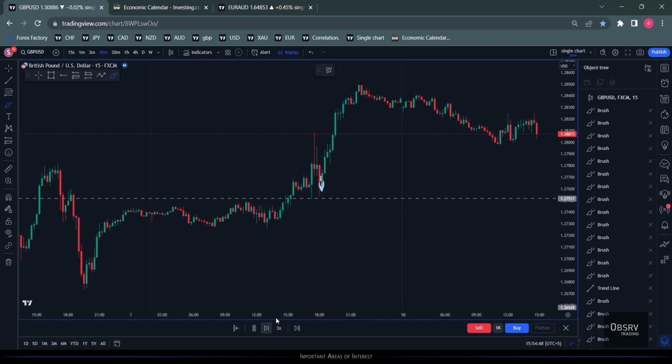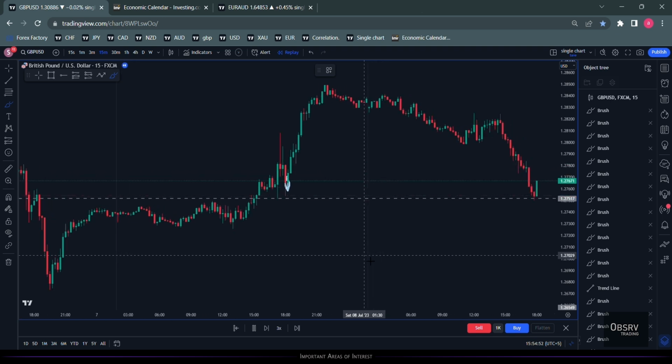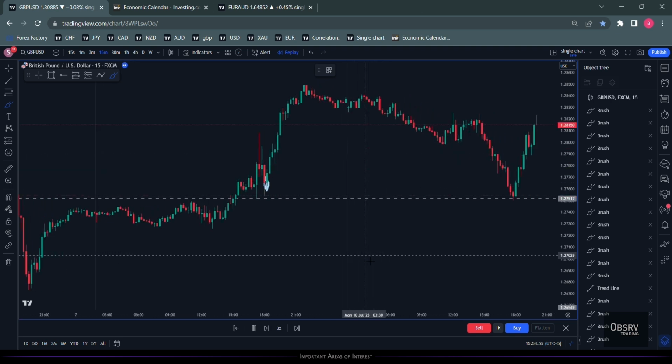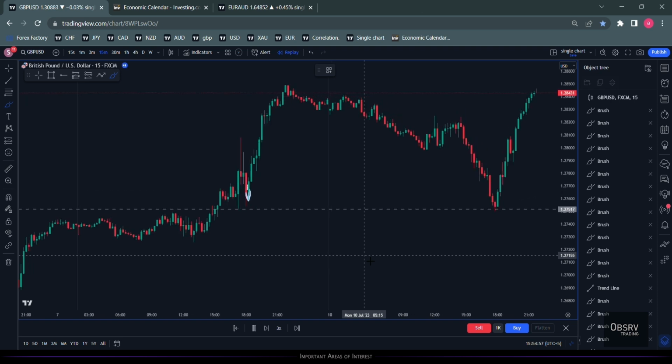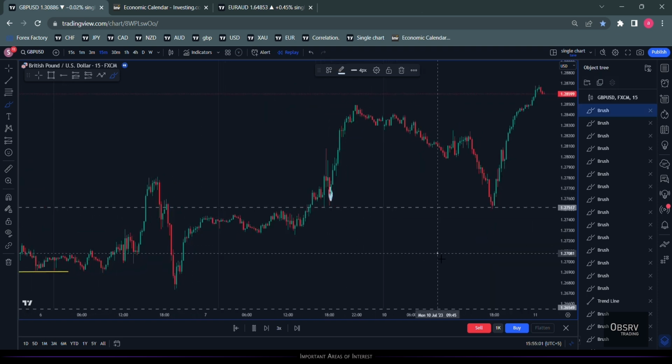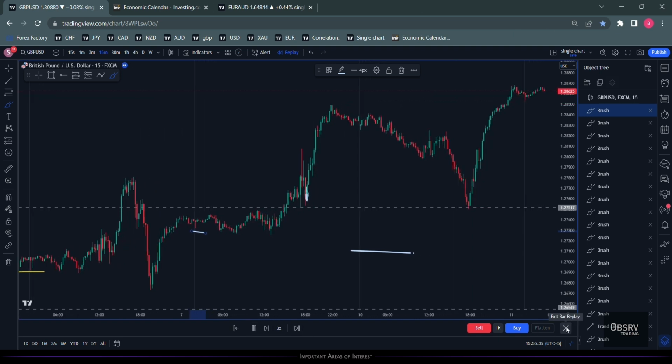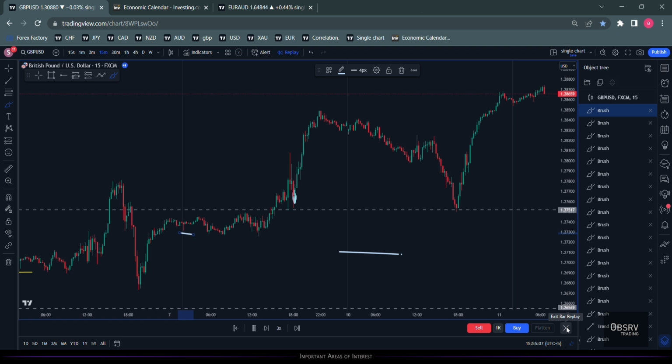Let's play this. Price is coming down, goes to thereabouts, reacts, and the buy takes over, right? Okay. Again, keep in mind it's not an exact pinpointed price.